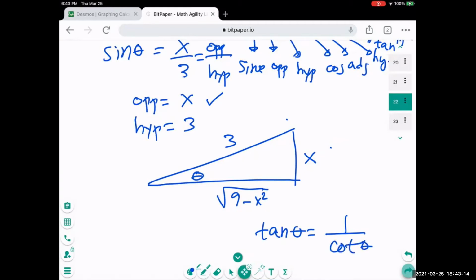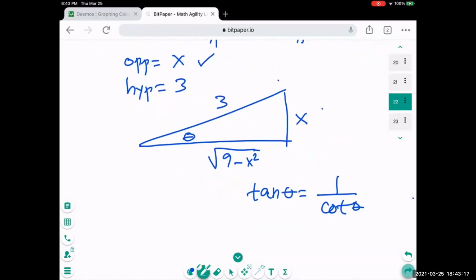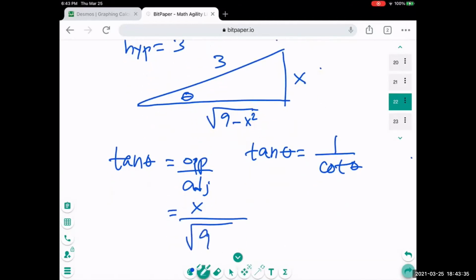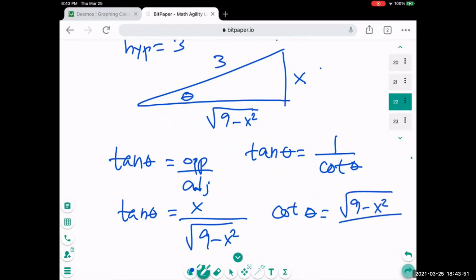So based dito sa drawing, what is our tangent theta? So our tangent theta is actually equal to opposite over adjacent. So ano ba yung opposite over adjacent natin? So x over square root of 9 minus x squared, right? So ito yung tangent theta natin. So to get the inverse of tangent theta is cotangent theta. So therefore our cotangent theta is kabaliktaran lang niya. Yung inverse niya is square root of 9 minus x squared over x.